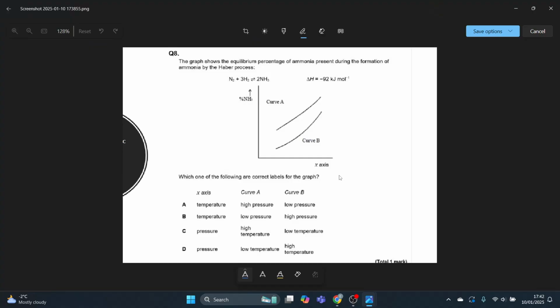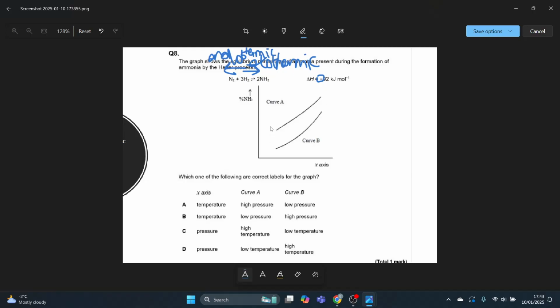The graph shows the equilibrium percentage of ammonia present during the formation of ammonia by the Haber process. You can clearly see delta H is negative, so the forward reaction is exothermic. That sign tells me a lot. Therefore, the backward reaction is endothermic. And what can we see from the graph?